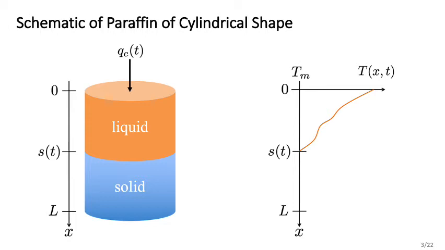There are two state variables. One is the temperature profile, and the other is the liquid-solid interface position, denoted as S(t). As a temperature condition, the temperature at the interface position is always maintained at the constant melting temperature, Tm. Moreover, we manipulate the heat flux Qc(t) located at the top surface of the liquid phase.